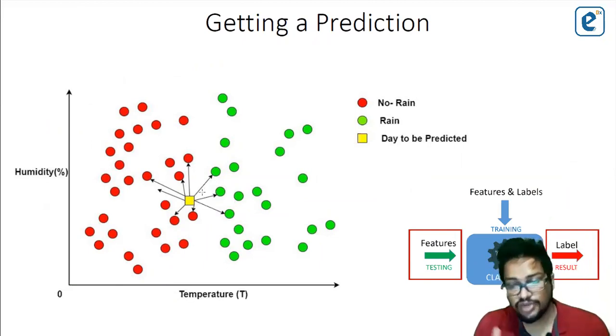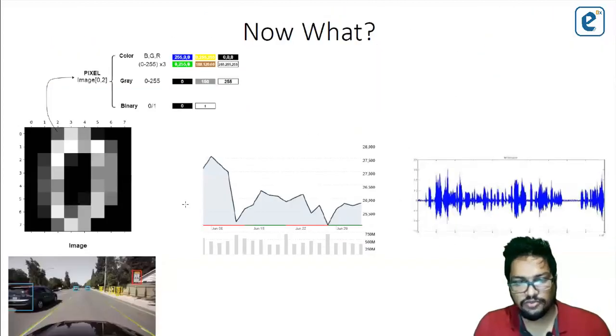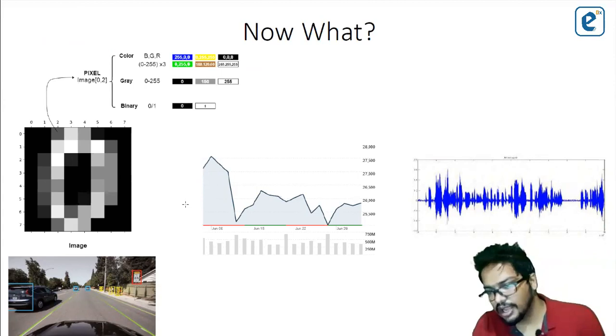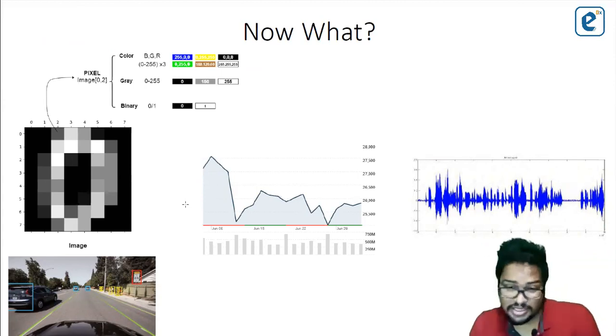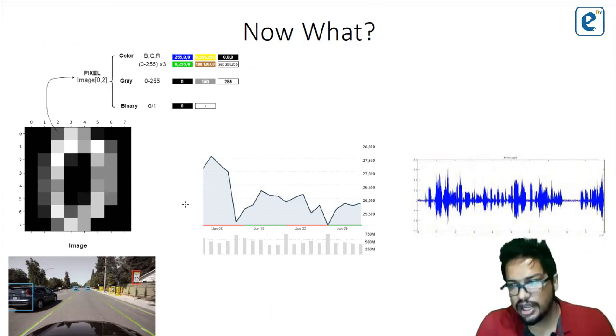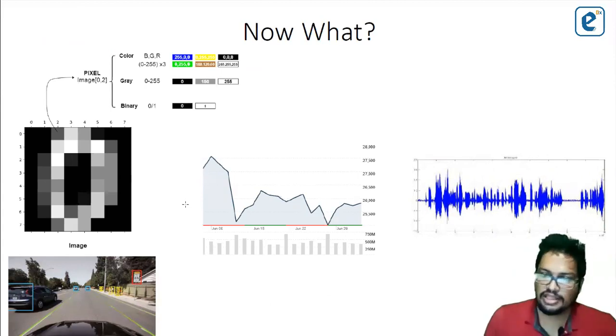So when the problem is getting complicated, high level, advanced, we can't use traditional machine learning algorithms. That's where neural networks come into play.